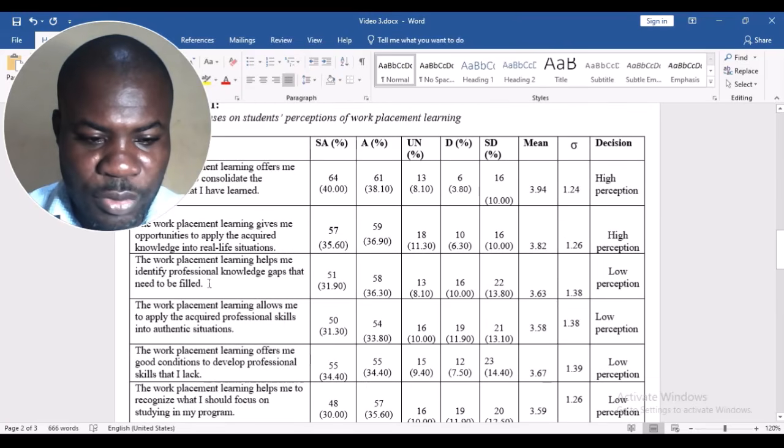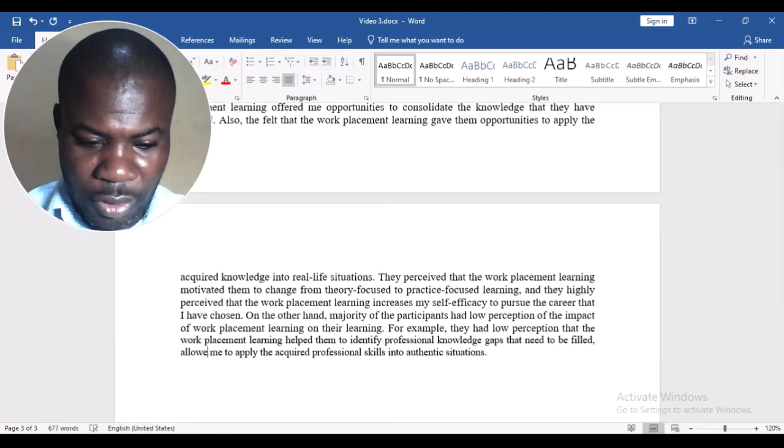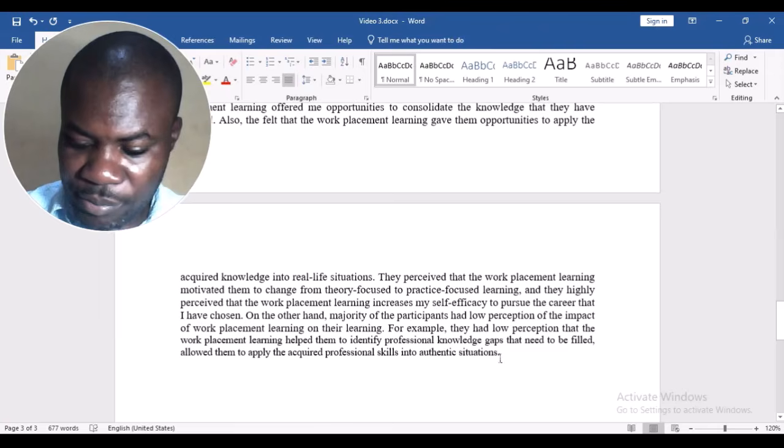You can also pick up this, that the workplace allowed them to apply the required knowledge.